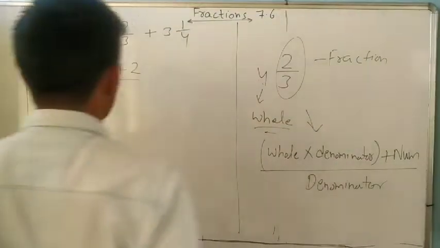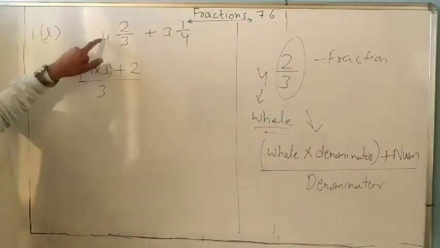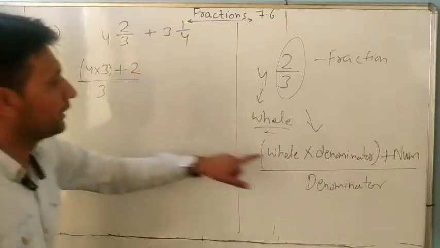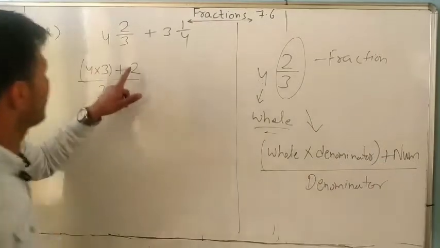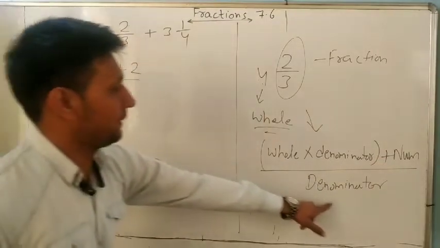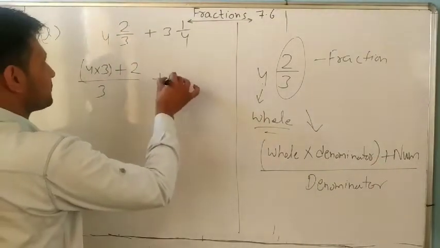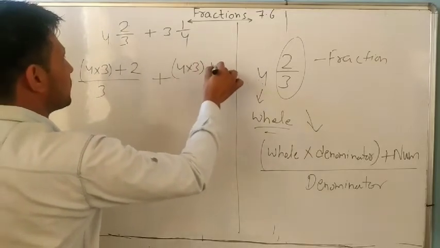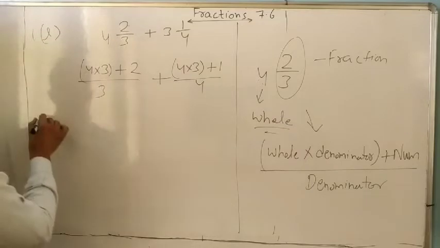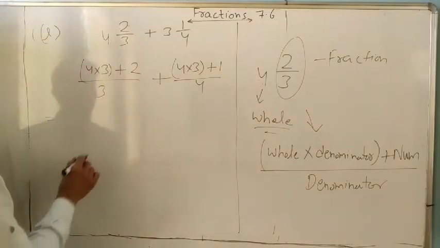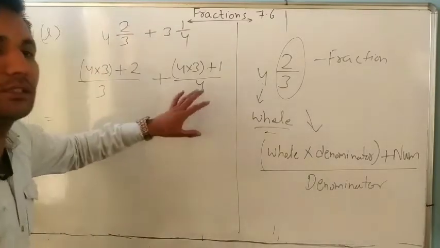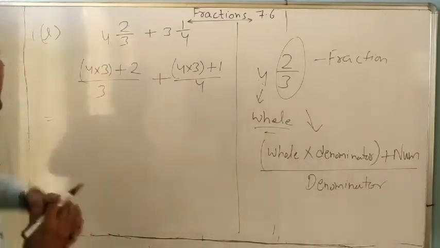So how will we solve it? The same as it: whole is 4 into denominator 3, 4 into 3 plus numerator 2, divided by the denominator. 4 into 3 is 12, plus 2 is 14 divided by 3. If you don't want to write, you can solve directly.